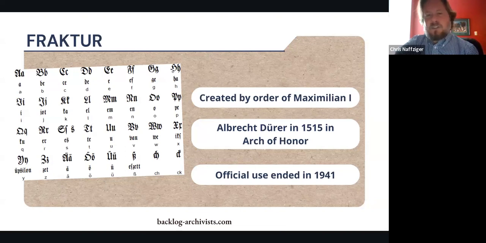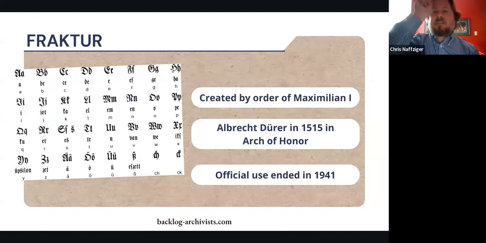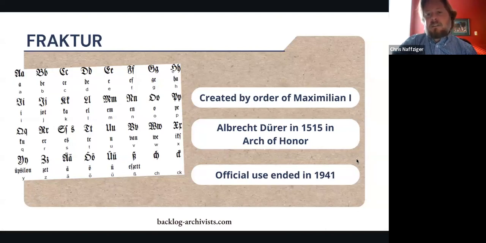So if you're looking at an old newspaper where perhaps the printmaker didn't keep the printing press completely clean, you might not be able to tell if that's an S or F because there's a little bit of schmutz on the printed page. But it's so important. And like I said, Albrecht Dürer in 1550 lays it down in this gigantic print that you saw at the beginning of this section. This lasted over 400 years, if you can believe that.